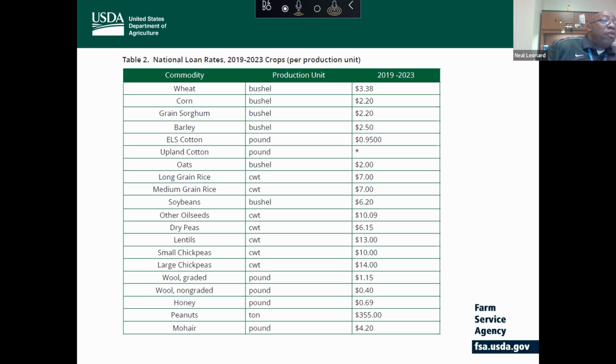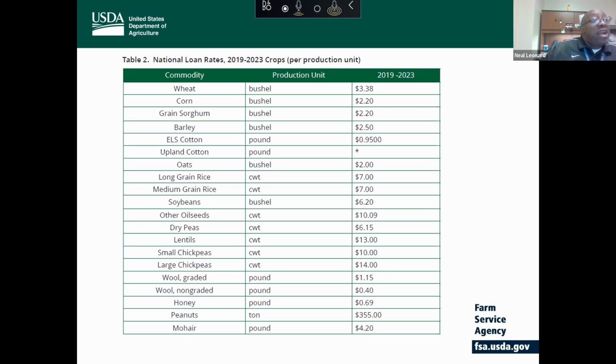Or to forego getting a marketing assistance loan, you can get a loan deficiency payment. So you can get a loan deficiency payment, and that can help the producer, and you don't even have to put your crop on loan to get that benefit.